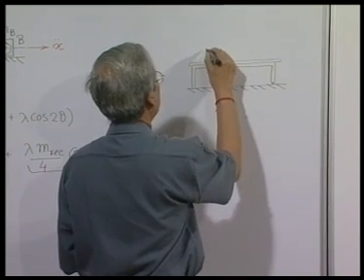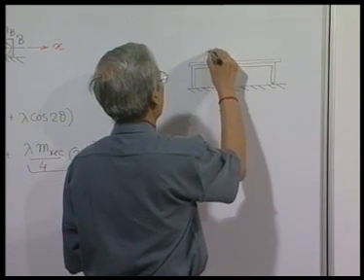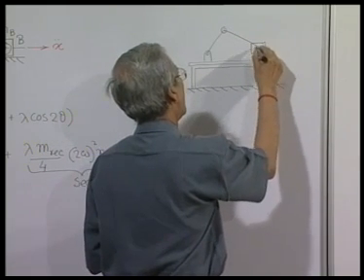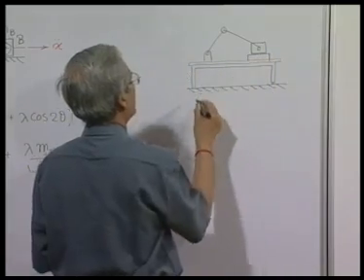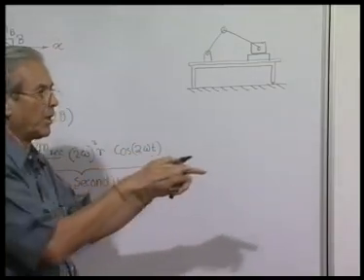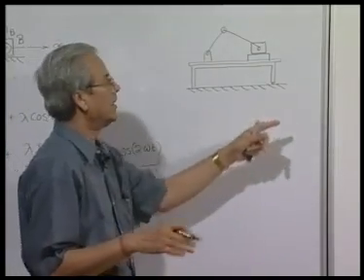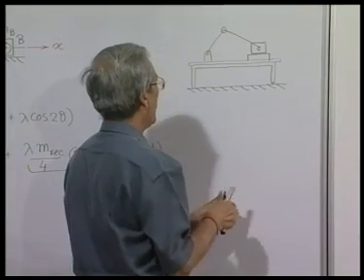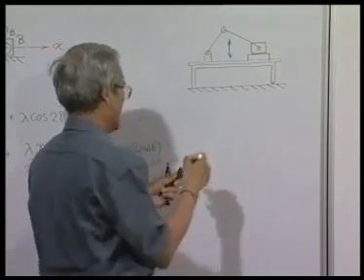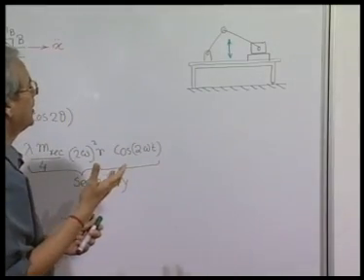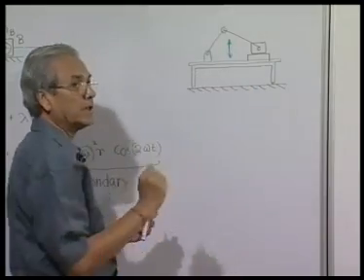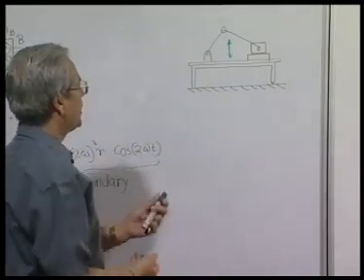And if we have the engine here, then a force in this direction may be less acceptable from the point of view of vibration of the support structure, whereas a force in the normal direction may be preferable, because the support structure may have much higher rigidity in the direction normal to the ground.